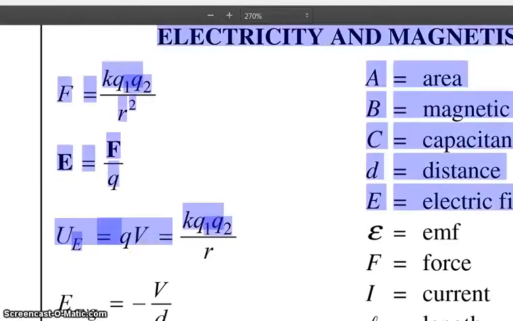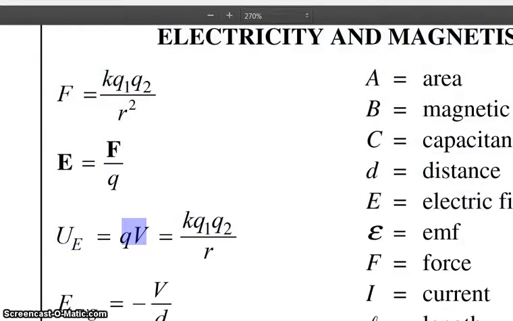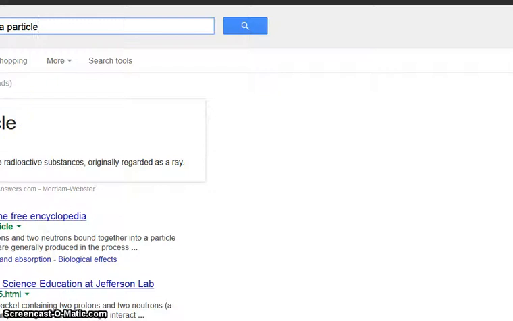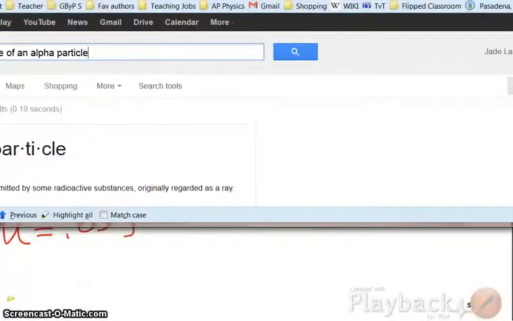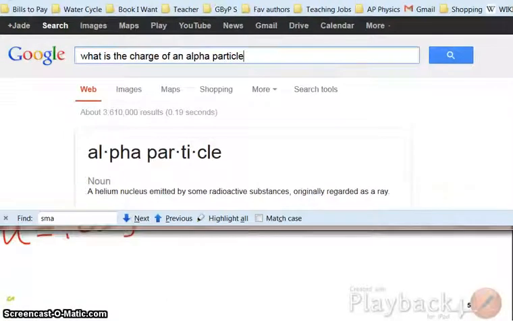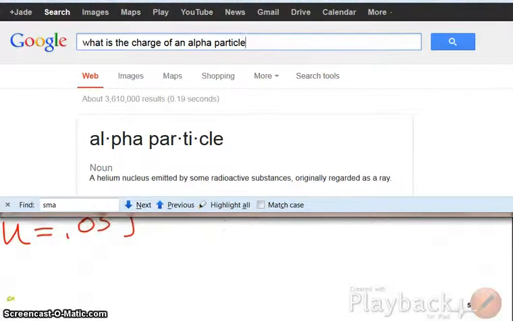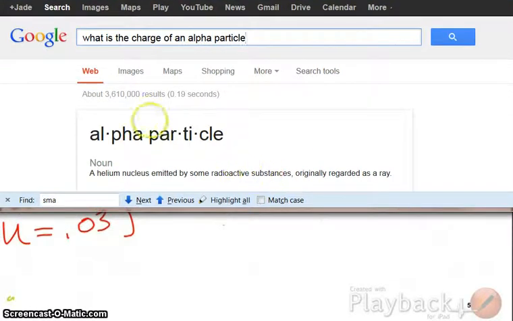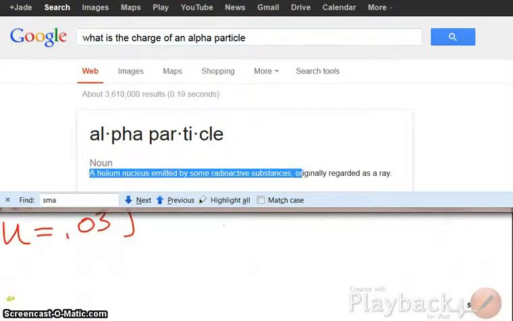So now all we need to know is the charge of an alpha particle. An alpha particle is a helium nucleus emitted by some radioactive substances, originally called alpha rays.